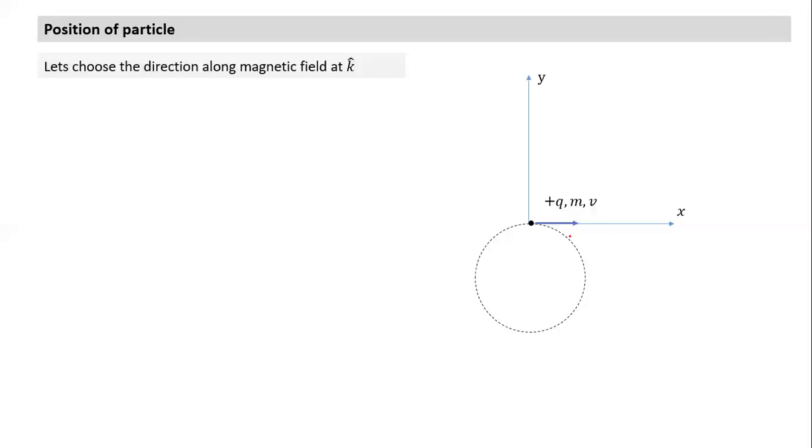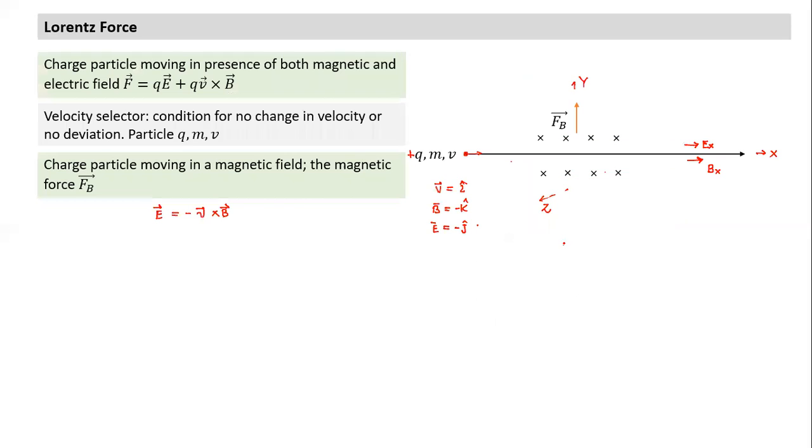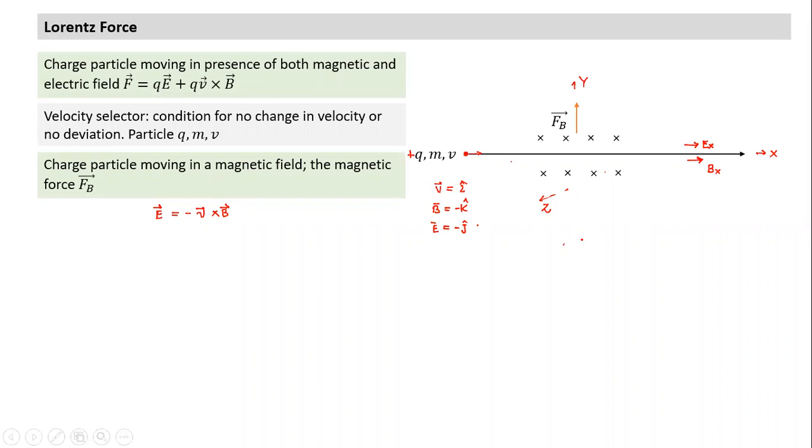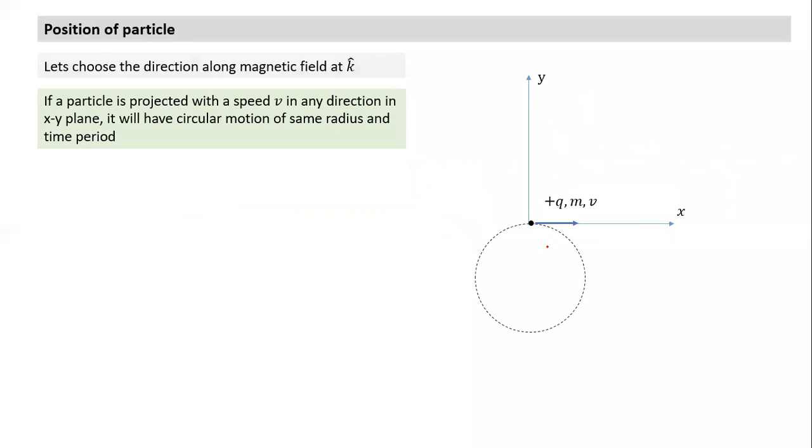And suppose the particle is given this velocity, it will undergo circular motion. And how do we find which direction it will turn? Very easily, if the charge is positive, from the direction of the field we can find the direction of force, which comes along minus j cap direction. Hence, the center also will lie in this direction.